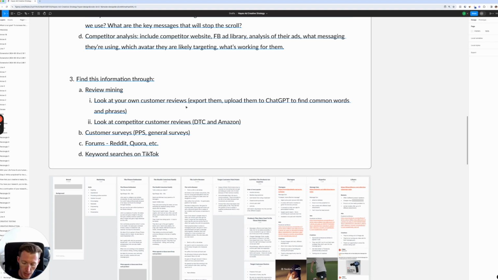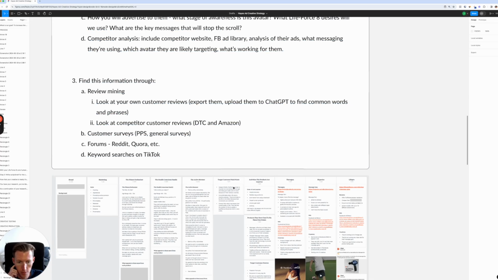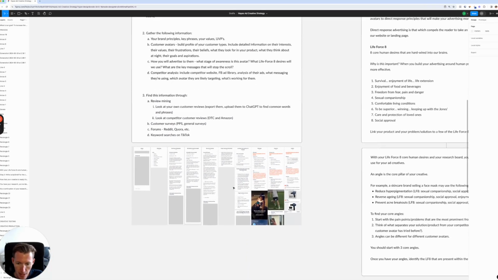And what we like to do is export our own reviews, upload them to ChatGPT, and find the common words and phrases that are within those reviews, okay? Other ways: customer surveys, your own surveys, post-purchase, general surveys that you're sending out through email, forums, Reddit, Quora, and keyword searches on TikTok. So that is the basis of the research.